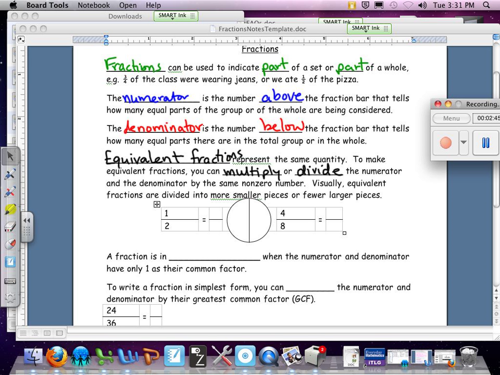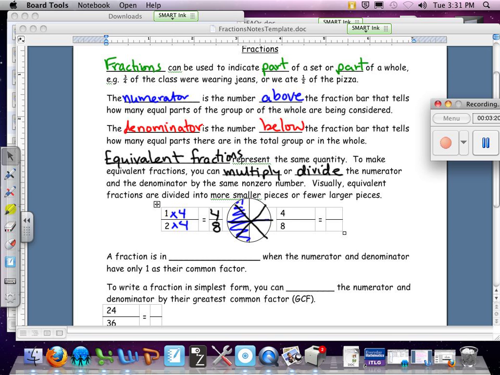Visually, equivalent fractions are divided into more smaller pieces, like I just said. So if I had 1/2, which is that, I could break it into 4 times as many pieces. Well, let me use a different color actually. And if I break it into 4 times as many pieces, now I'm dealing with 4 out of 8.